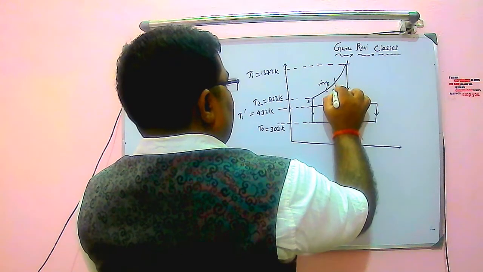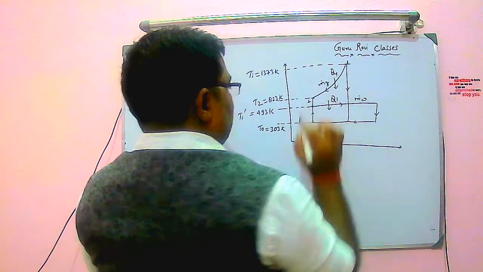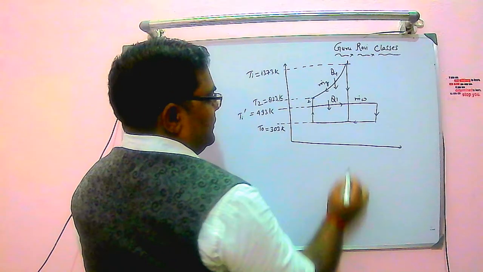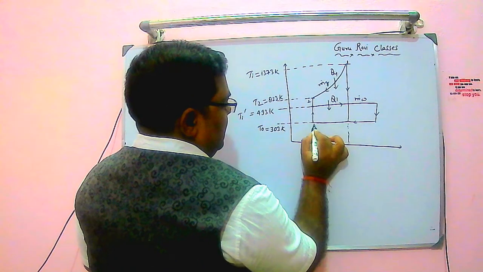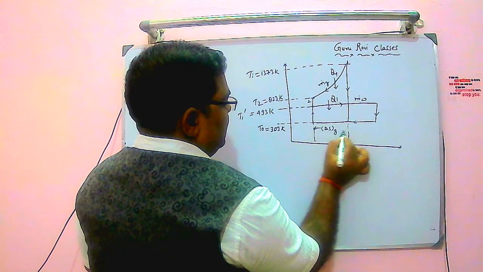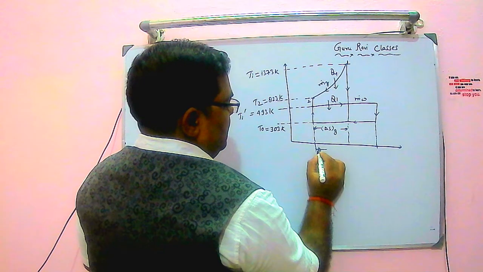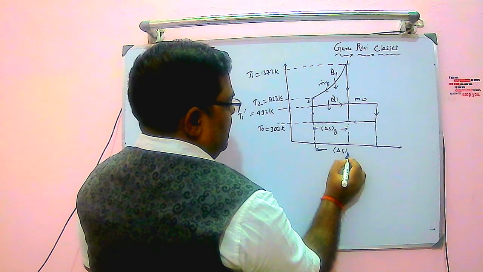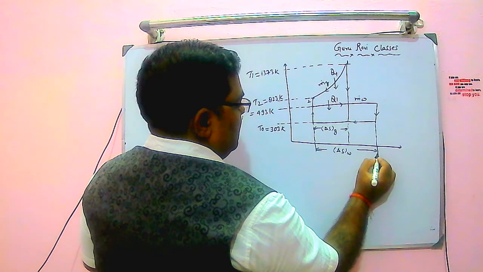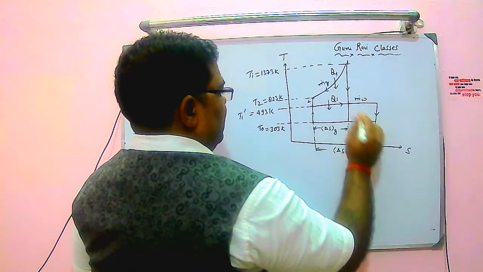So whatever heat is coming from here is getting supplied here also, right? If I draw, this is the change in entropy of gas, and this much is the change in entropy of water, right? This is S and this is T. So the process is something like this.